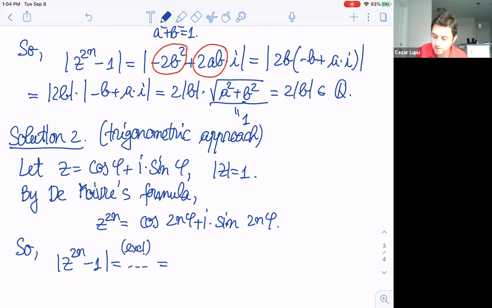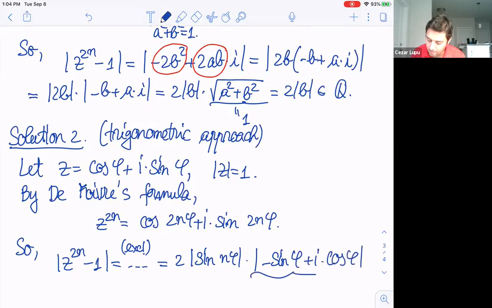At some point, I'll get something very similar to the algebraic approach. So this will be the absolute value of 2 sine of n phi, in absolute value, right? Times something that will look like this: negative sine of phi plus i cosine of phi.